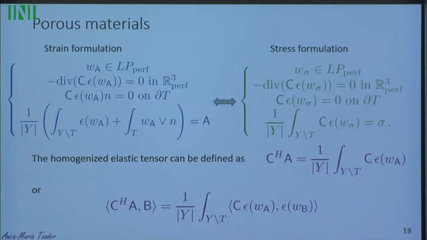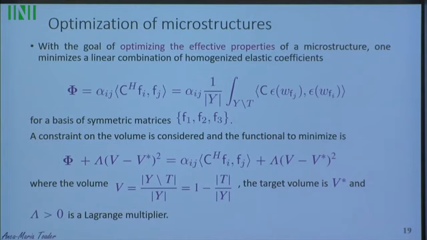So our goal is to optimize effective properties of a microstructure. And what we are doing is to minimize a linear combination of homogenized elastic coefficients. So here this is written in R2, for optimization in R2. We have here the coefficients of the linear combination, and F1, F2, and F3 are elements forming a basis of symmetric matrices.